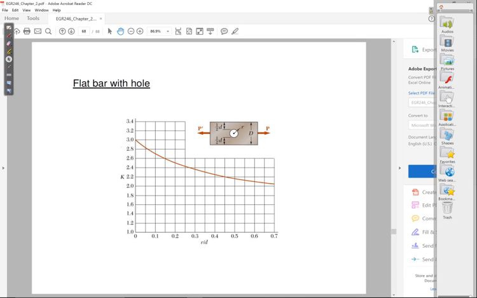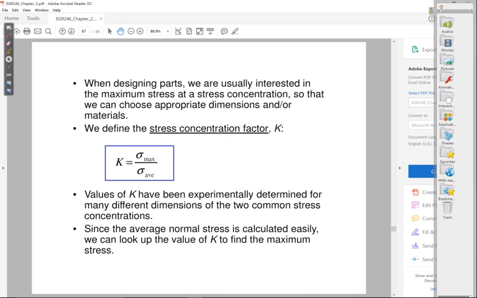And the stress concentration factor is a number that's greater than 1, okay? And what it tells you is the largest stress that actually happens, right?